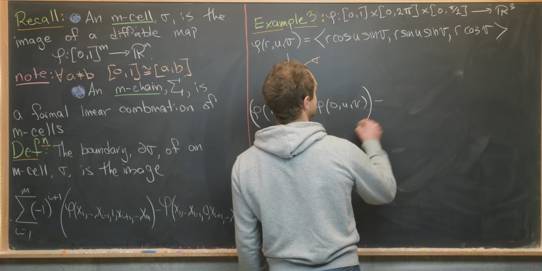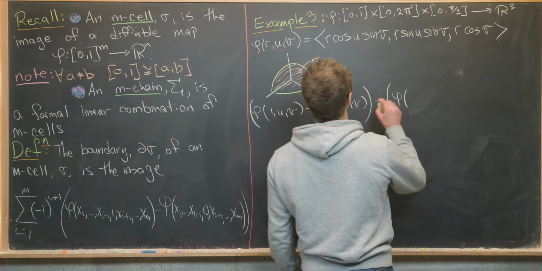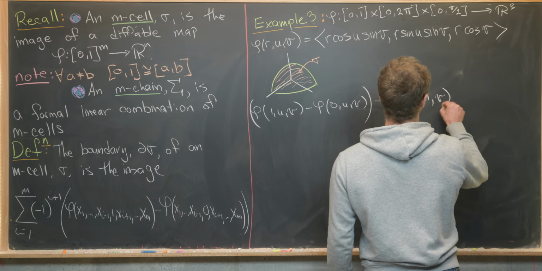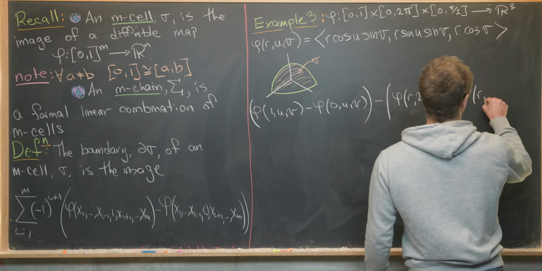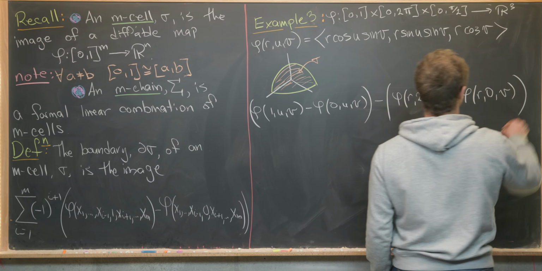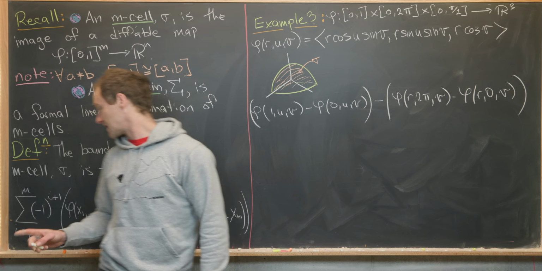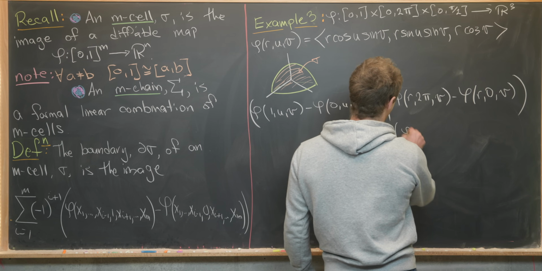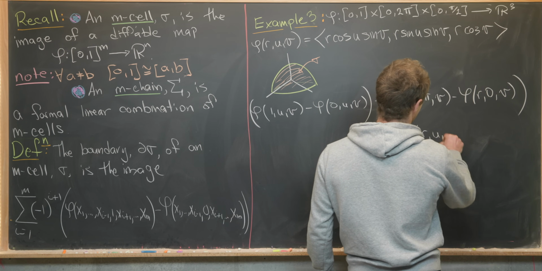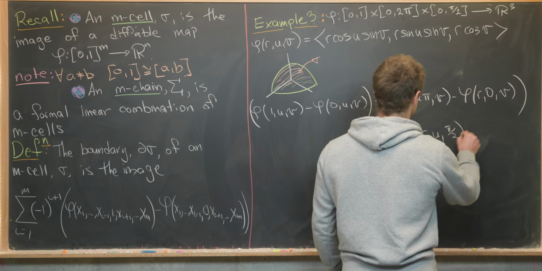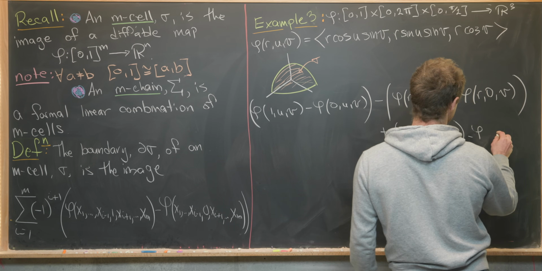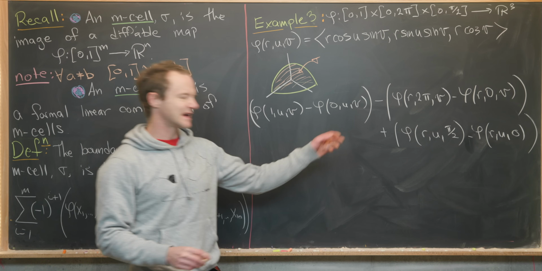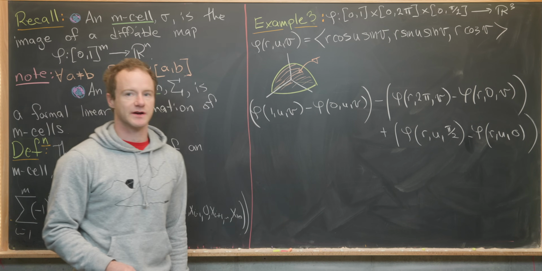And from that, I need to subtract phi evaluated at (r, 2pi, v) minus phi evaluated at (r, 0, v). Good. That's like my i equals 2 component. And then I need to add phi evaluated at (r, u, pi/2) minus phi evaluated at (r, u, 0). That's like my i equals 3 component down here.